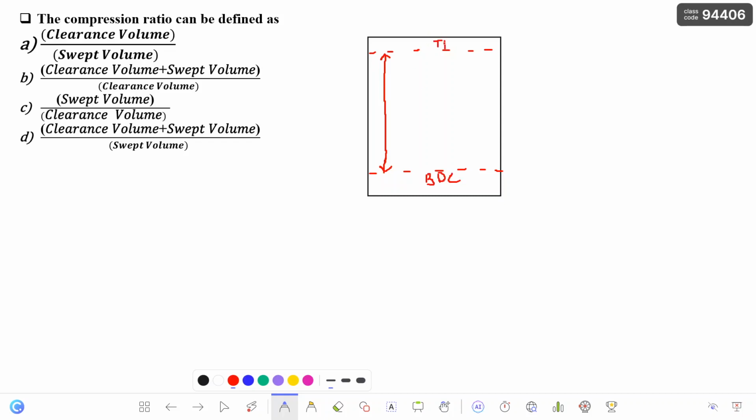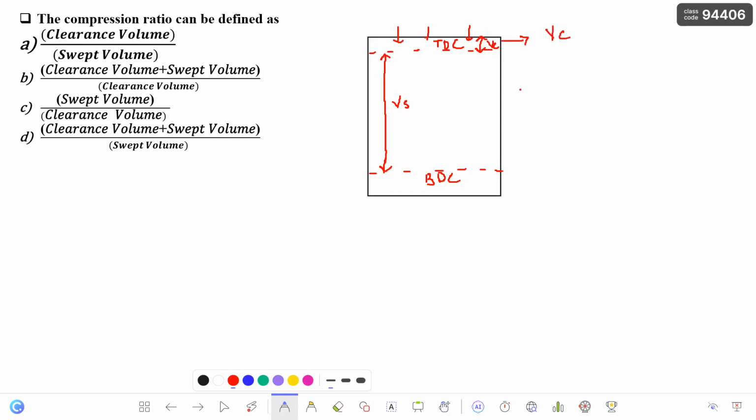The volume that is covered from top dead center to bottom dead center is the swept volume, and this is the clearance volume. What is clearance volume and why is it needed? Because there will be some valves or a spark plug which requires space. So we cannot totally make the piston move from this end to that end. So there will be some clearance volume.